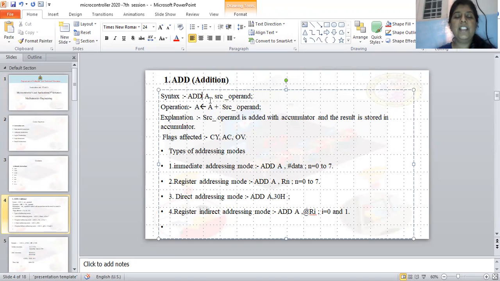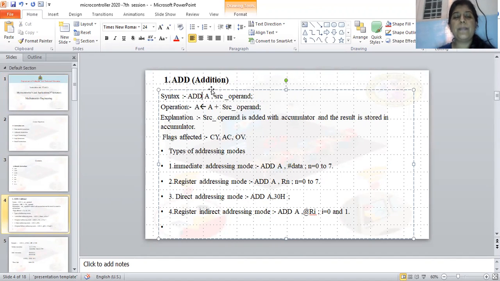Here it adds the accumulator content with the source operand and stores the result into the accumulator register. After the operation of this instruction, the affected flags are carry flag, auxiliary carry flag, and overflow flag.